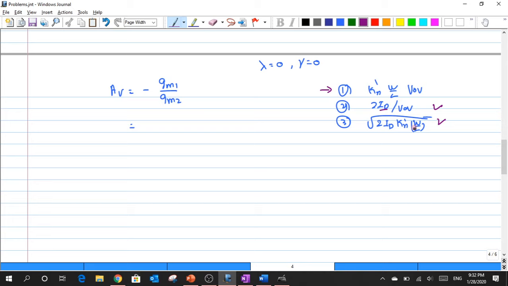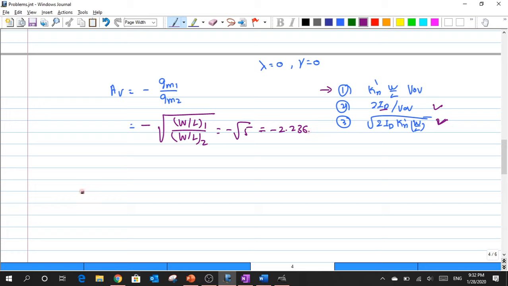Because we already know the W by L factor, I would prefer the third form of GM. So I'll use that, and I end up with W by L of 1 divided by W by L of 2 as a ratio, and that leads to square root of 5, and a value of minus 2.236.